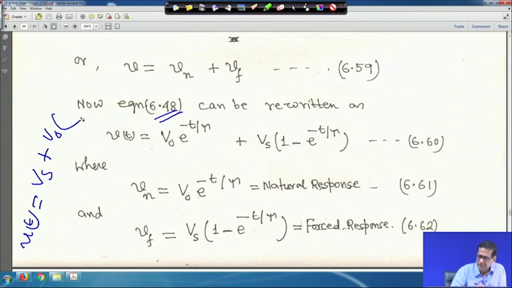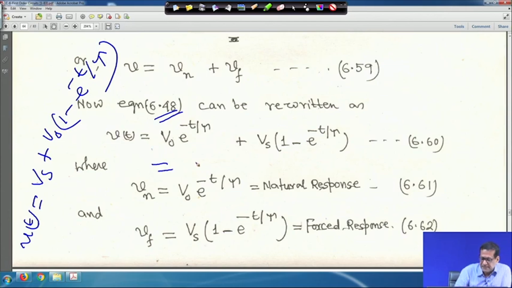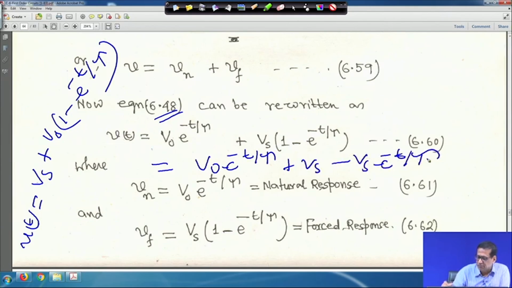That is V0 e^(-t/tau) plus Vs minus Vs e^(-t/tau).